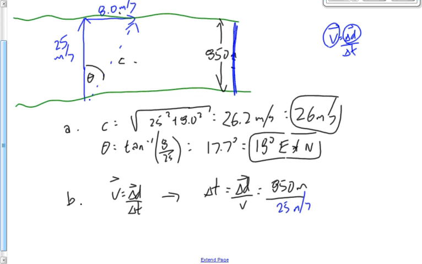Ethan used the same equation, delta D over V, but he used the value for the diagonal velocity, 26.2 meters per second. How did he use that and still get the right answer? Well, because he used the displacement at the angle as well. Ethan, what did you have for that displacement? 892? So Ethan said, look, I know the angle, I know the adjacent side.